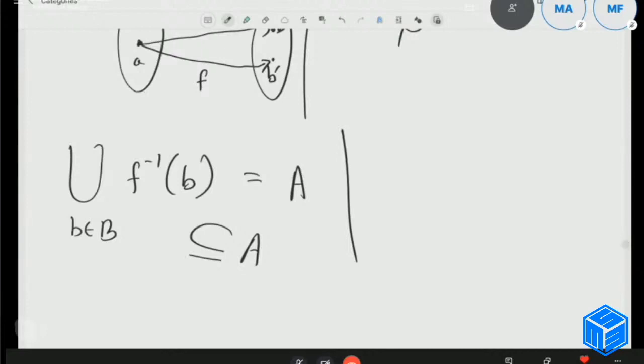Because for every A in A, you send it to something in B. Right? Because functions have to be defined on the entire domain. You're unioning over all of B, and taking the inverse image of every element, so you must get every A in A, because it gets sent to at least one B in B. So that's why it's all of A.